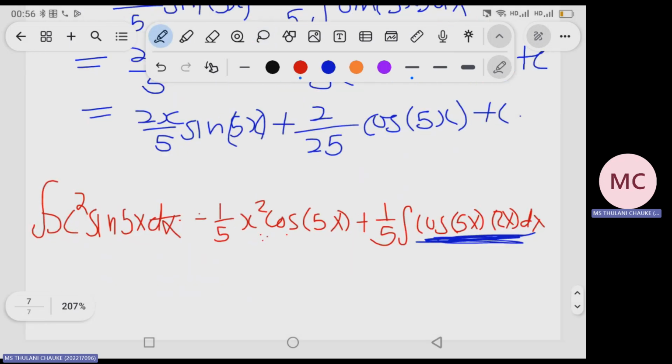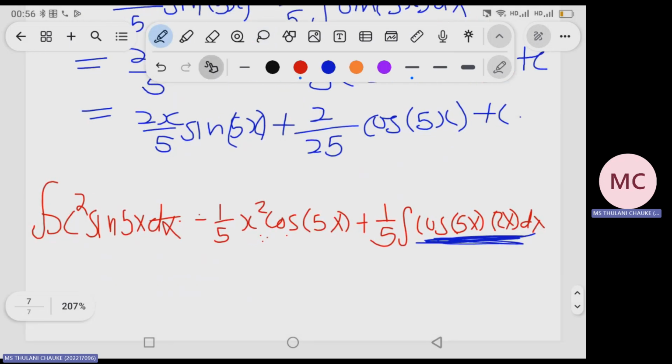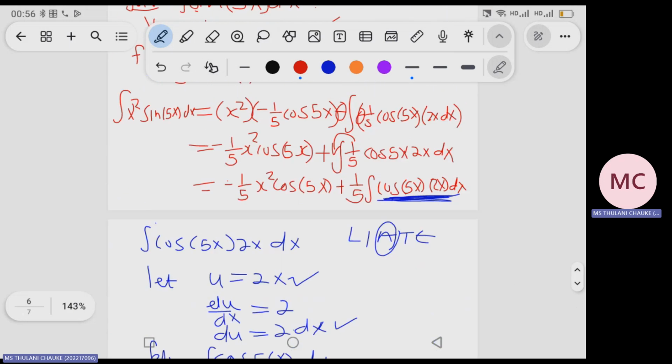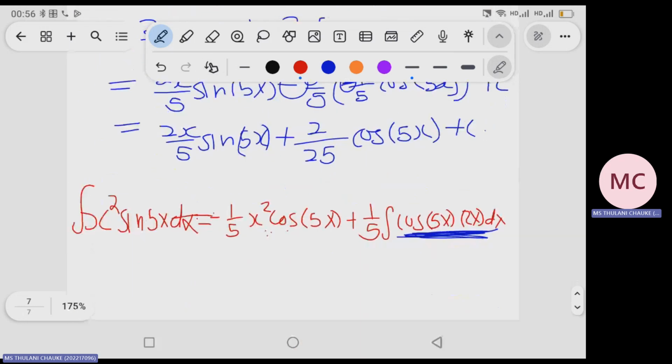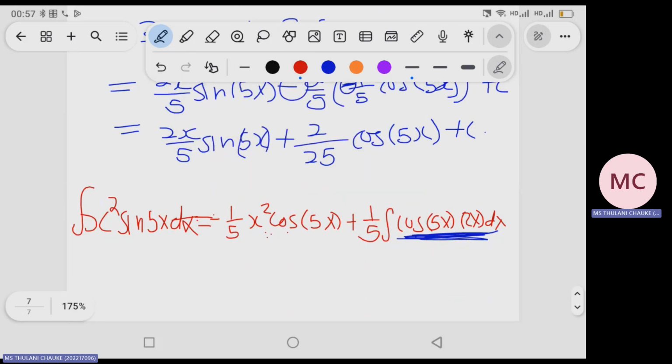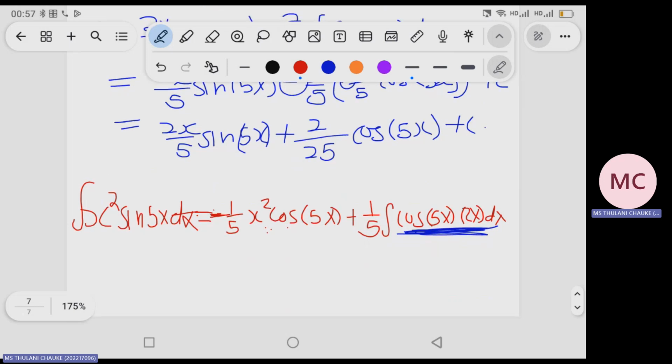And this is equal to what? Let me check, okay, this is a negative. So we have a negative here, negative 1 over 5. Right. So here the only thing left is for us to replace this one.